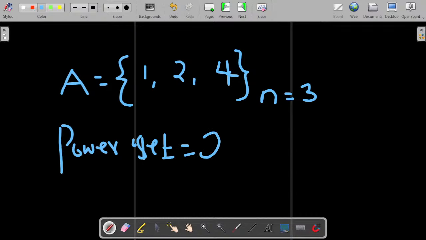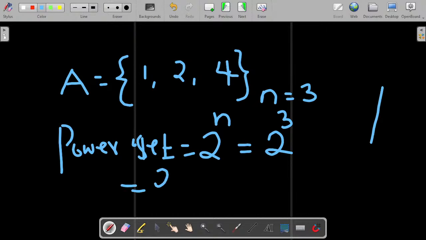Remember, it's given as 2 raised to the power n, which is now 2 raised to the power 3. So 2 raised to the power 3 is written as 2 times 2 times 2, writing 2 in 3 places. If I multiply the 3 of them, I will have 8. So the power of this set is 8.